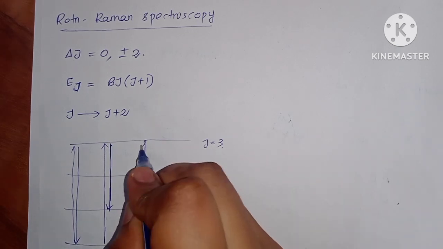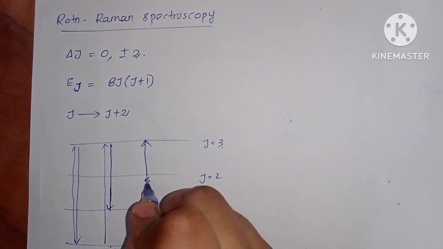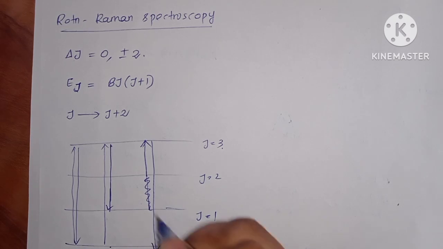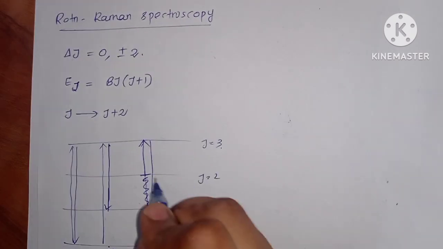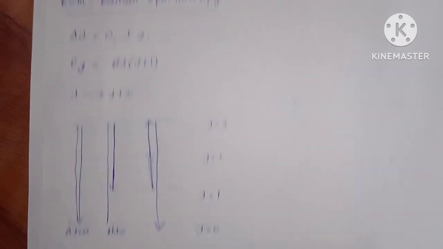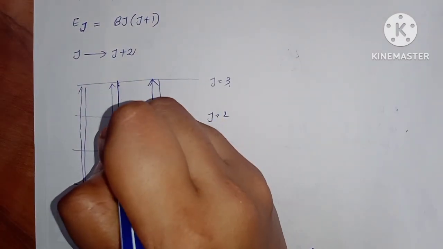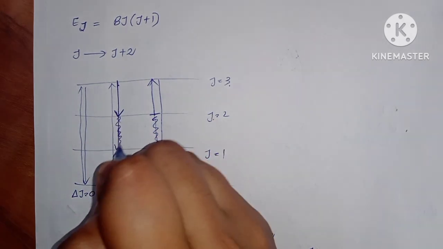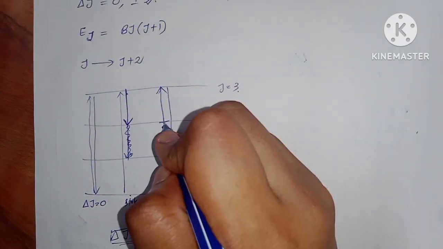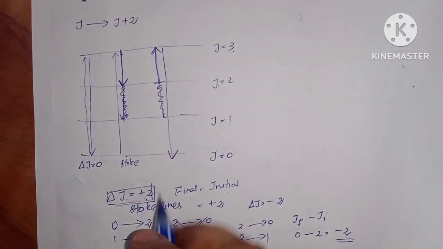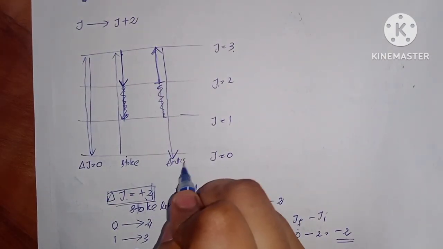It starts from the J equal to 2 level and reaches 0. Here is the mistake: here it reaches the J equal to 2 level, and here it starts from 2 and reaches 0, which will give anti-Stokes lines.